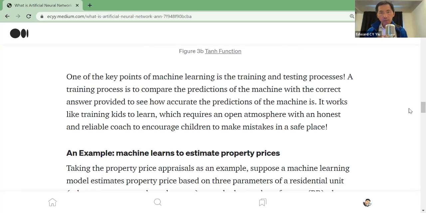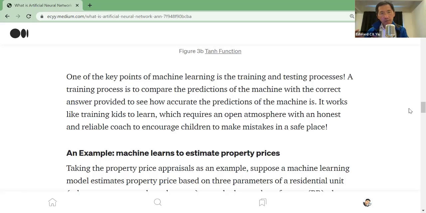One of the key points of machine learning is the training and testing process. So in the training process, we have to provide the model answer to compare with the prediction of the machine, right? So as to tell the machine how accurate the predictions are, and then feed back these comparison results to help the machine adjust the weights so as to improve the prediction until a predetermined level of accuracy.